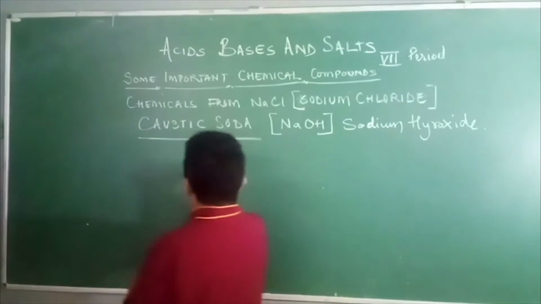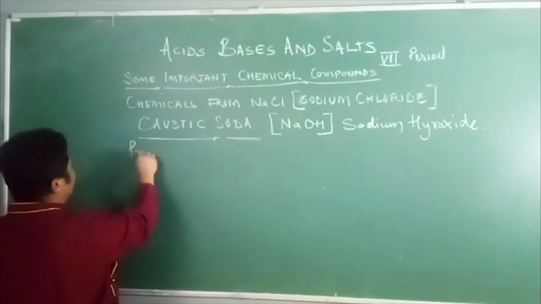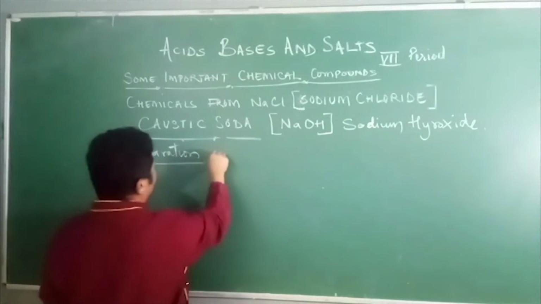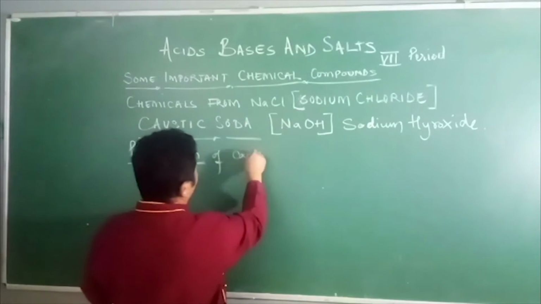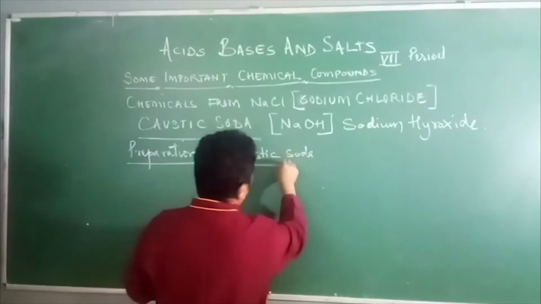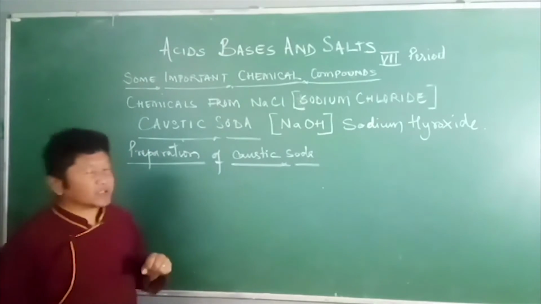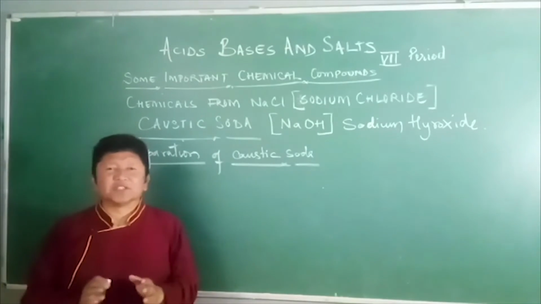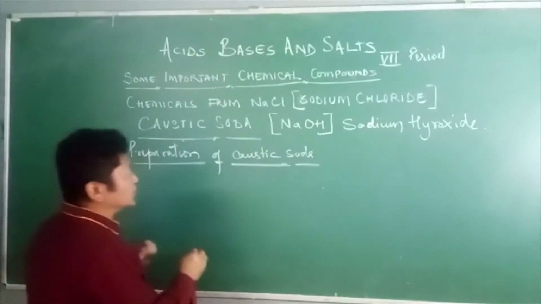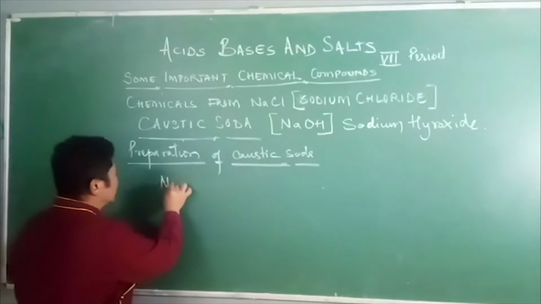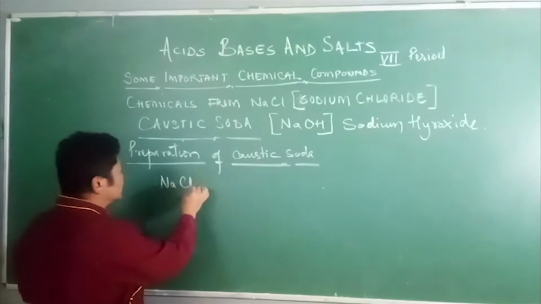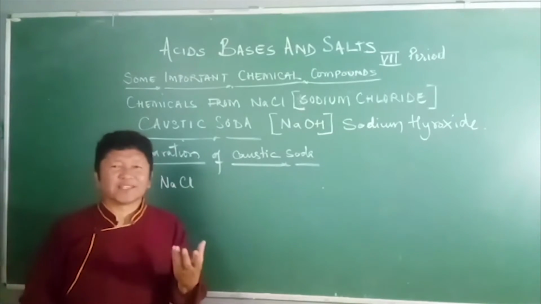The preparation of caustic soda. To prepare caustic soda, we take sodium chloride and dissolve it in water. The aqueous solution of sodium chloride is known as brine.